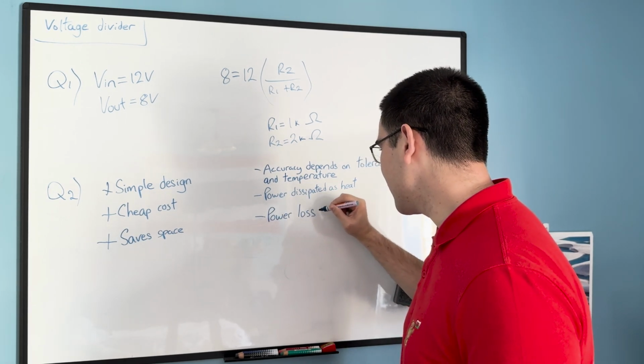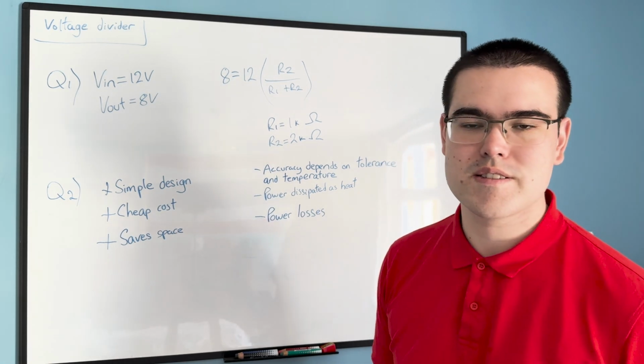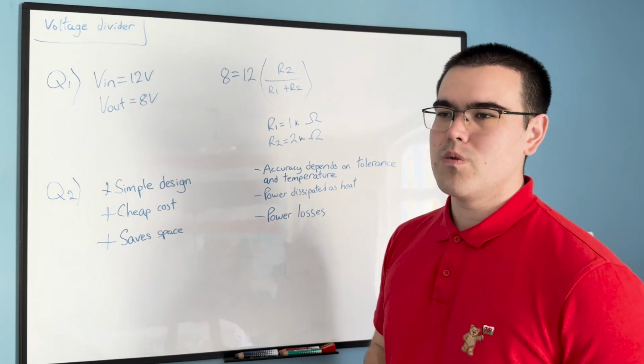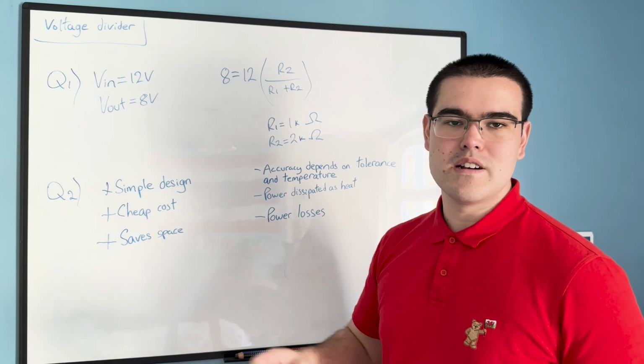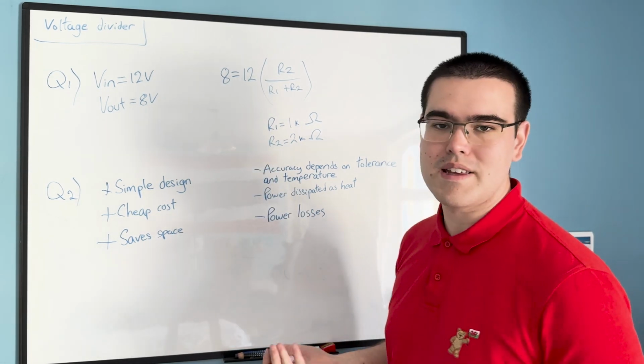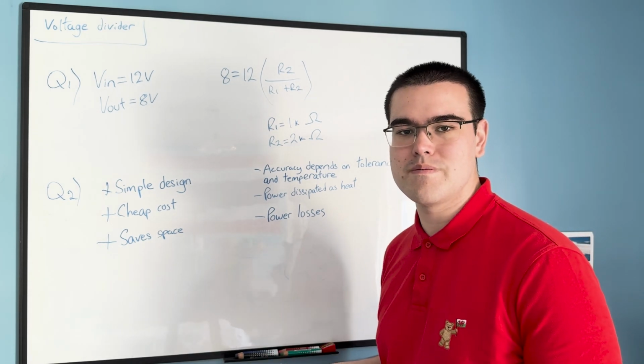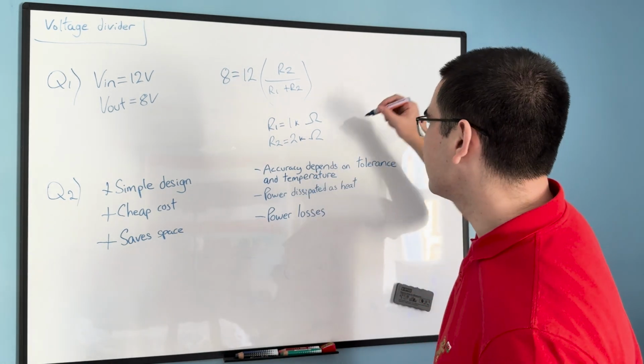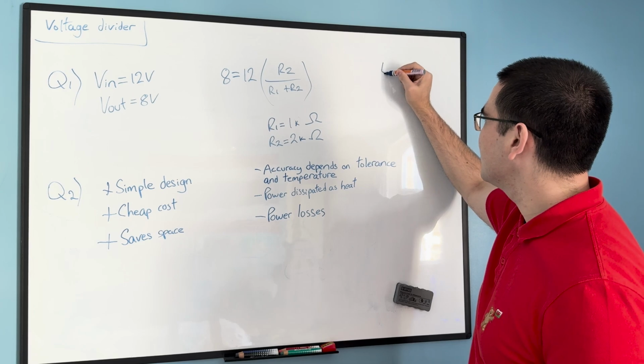Because if we take a step back to the basics, I think we should know that in a series resistor, the voltage will drop. And we can't get that back once we go past the resistor. So, of course, a voltage divider, let me just draw it one more time.